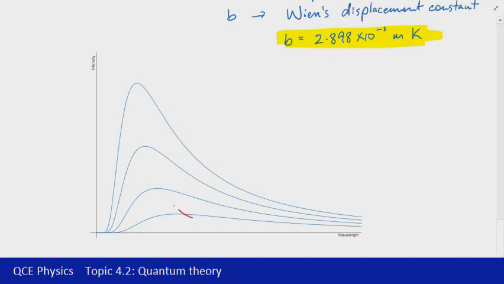So we can see here that the peak is going to be moving to the left when temperature is increasing. So that means that the graph on the left, or with the maximum peak, will be the hottest, and the graph with the peak lower down will be the coolest.